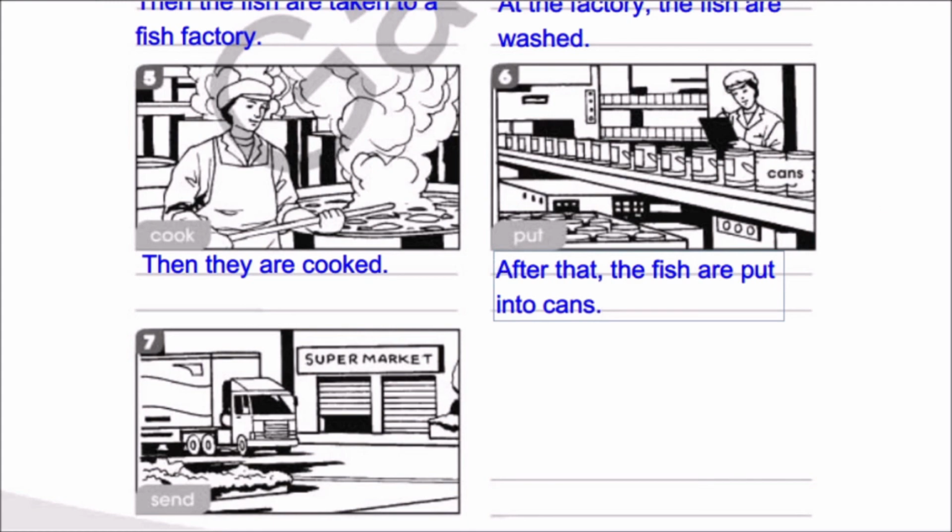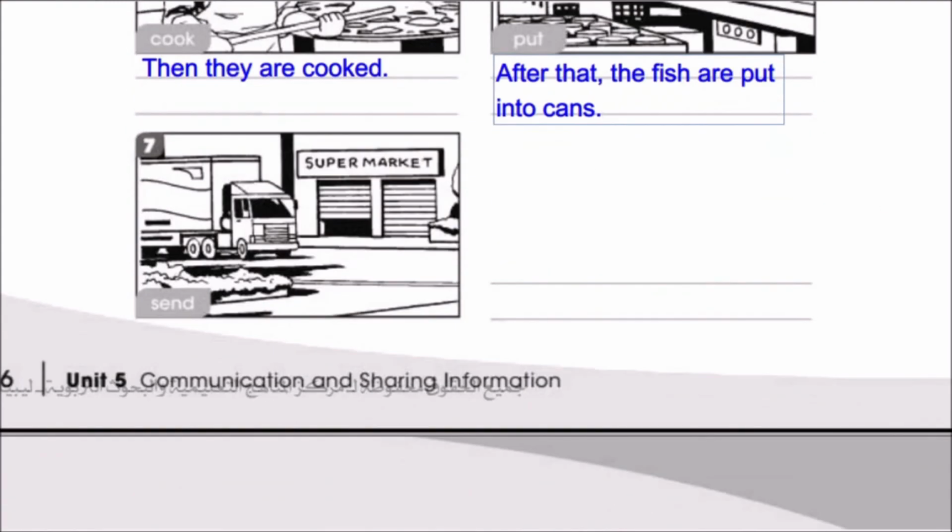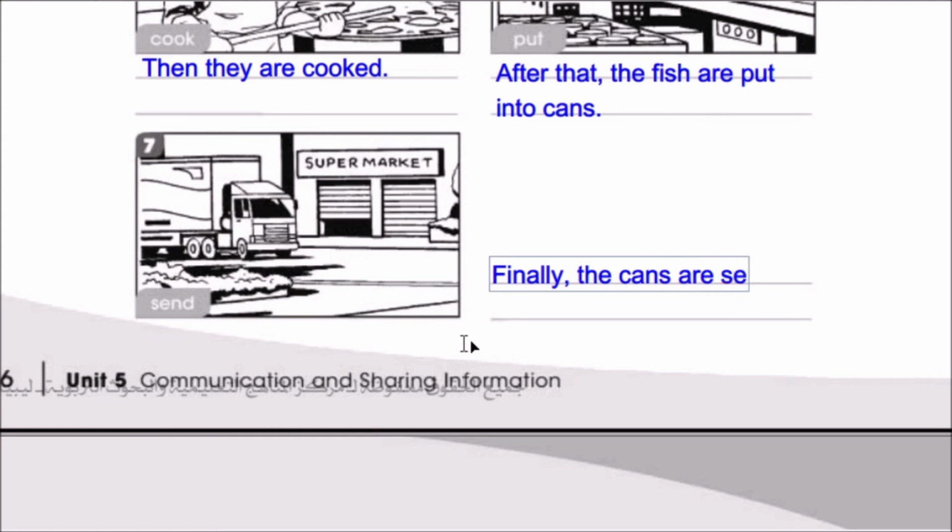And the last picture, we have the word send. We say, finally, the cans are sent to the supermarket.